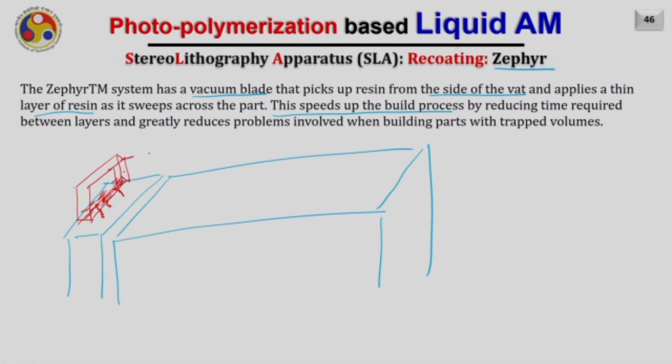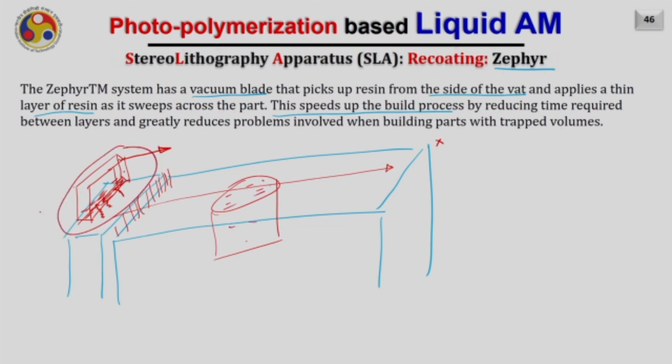Now this will move from this end to this end of the liquid vat, and while moving, the liquid material will fall. It will look like a curtain and it will spread over the liquid photopolymer bed. Here you can see there are no issues related to the trapped volume. Whatever the trapped volume is inside the part which we are building, it is definitely independent of the recoating system.